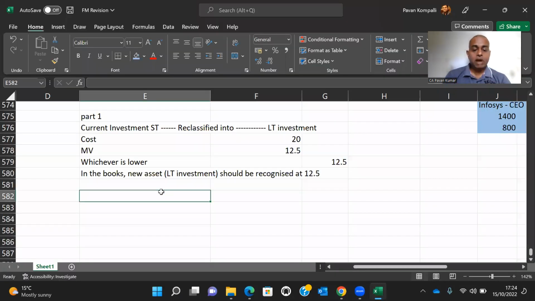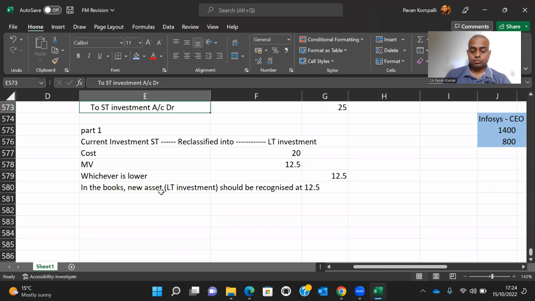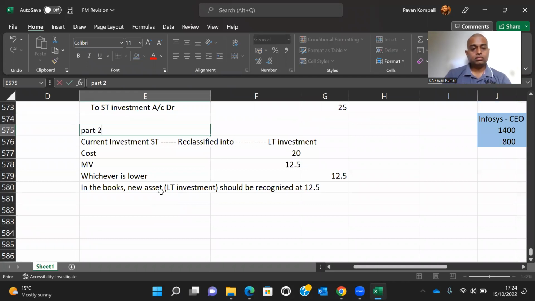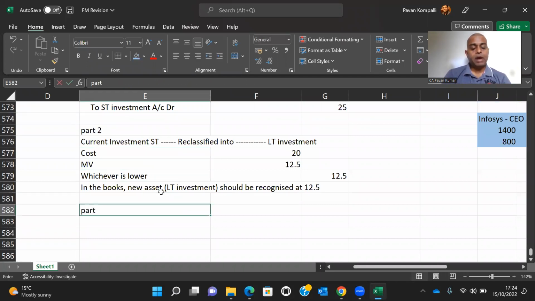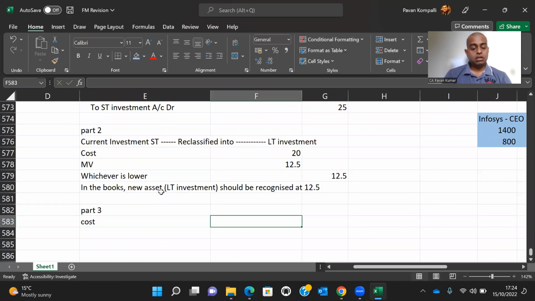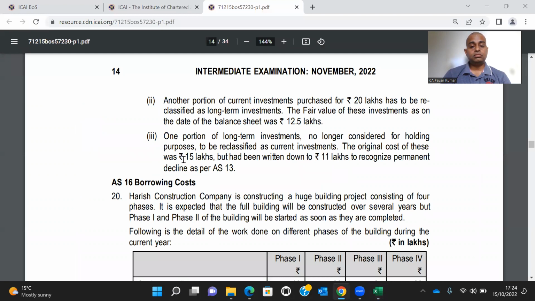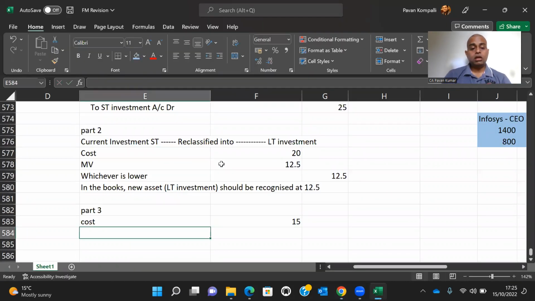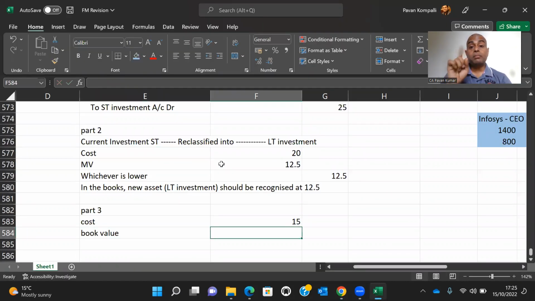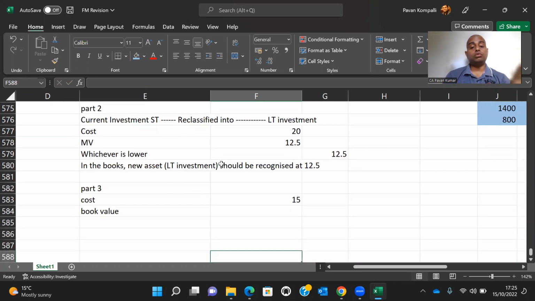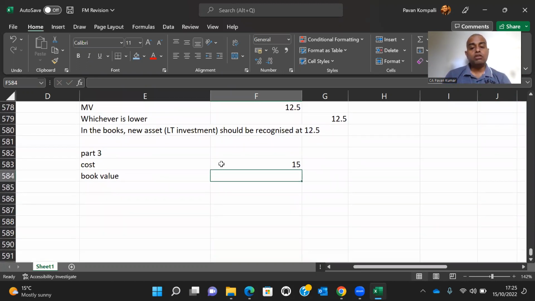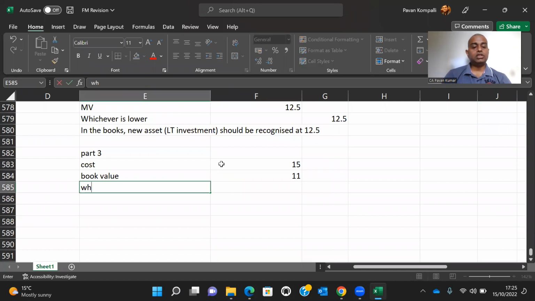So what is part 3? Cost. How much, ma? 15 lakhs, sir. Don't take market value, take book value. In case of long term to short term, book value 11, whichever is lower.